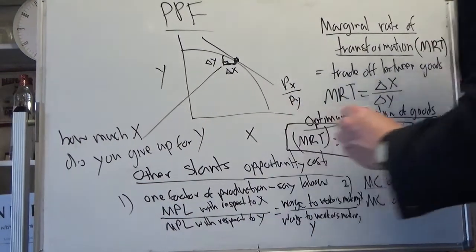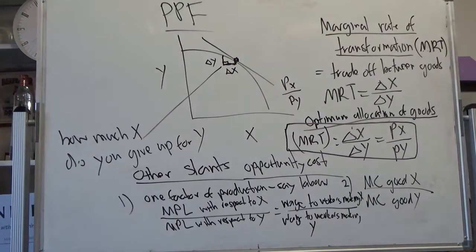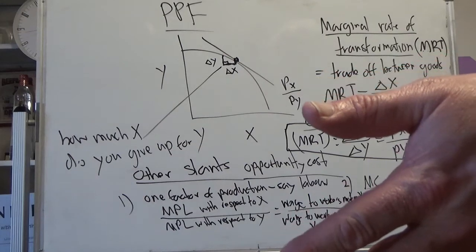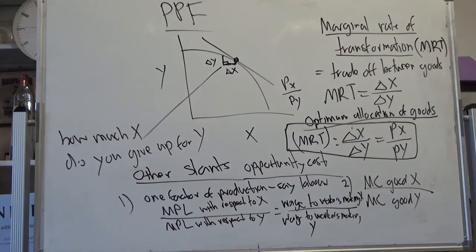That could either be general equilibrium if you're considering the whole economy, all the people, or partial equilibrium if it's only part of the people and the population.